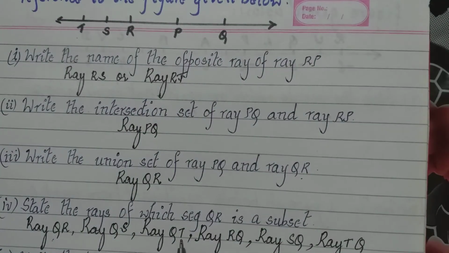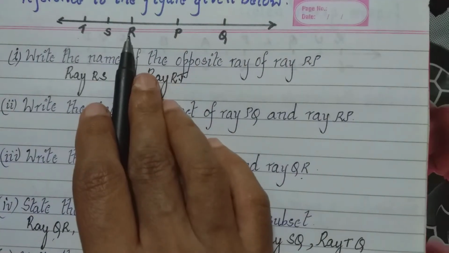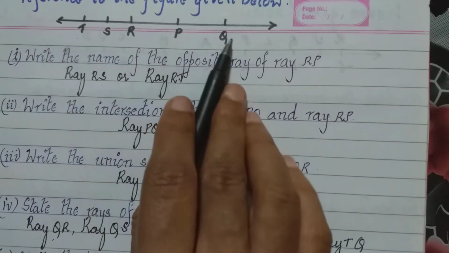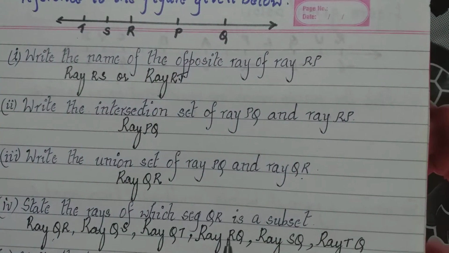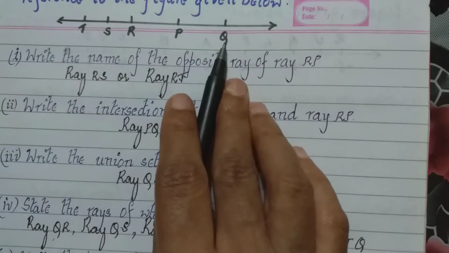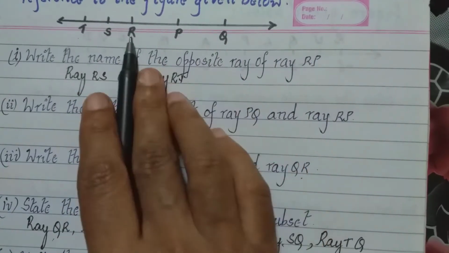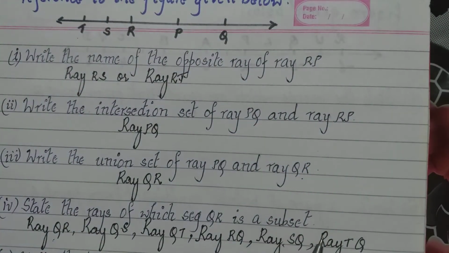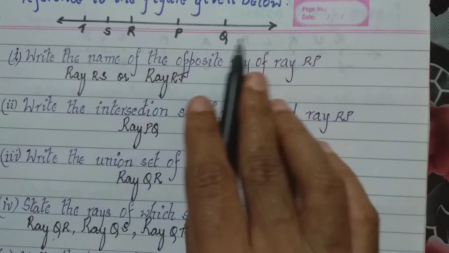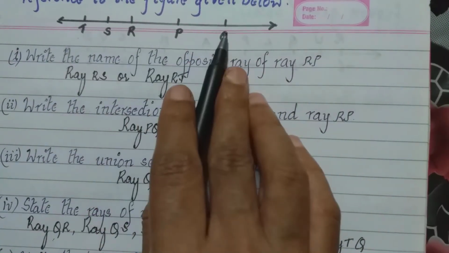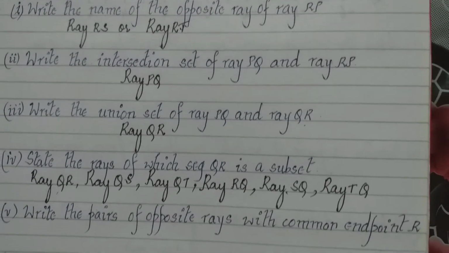So segment QR is a part of it. Ray RQ, it starts from R, goes to Q, but still segment QR is a part of it. Ray SQ starts from S, goes to Q, but still segment QR is a part. And last we wrote ray TQ, where again segment QR will be a part of it.